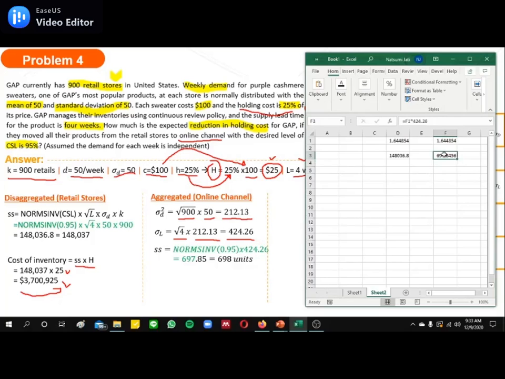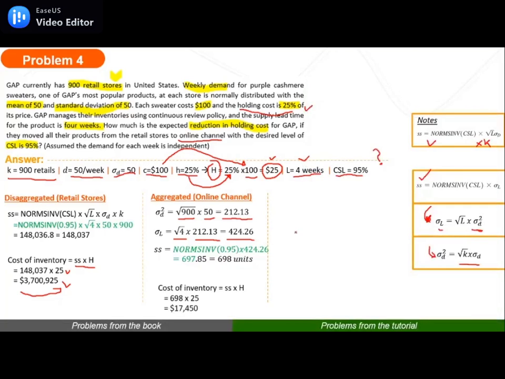Okay, so we get 997.85, and we can round it up to 698 units, and we just need to times the safety stock with the holding cost, that is $25, and we get 17,450.